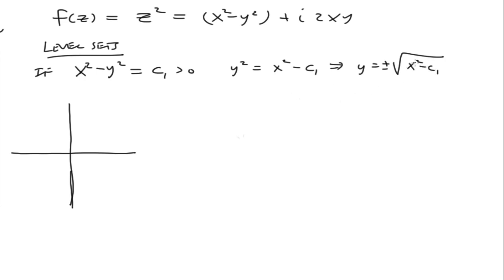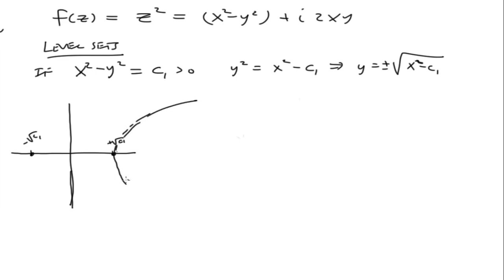So obviously the allowable xy combinations then, if I'm at the point square root c1, and there's also a minus version, minus square root c1, we see that y is 0 at that point. But then it goes up and it looks like a square root function that goes up like that.